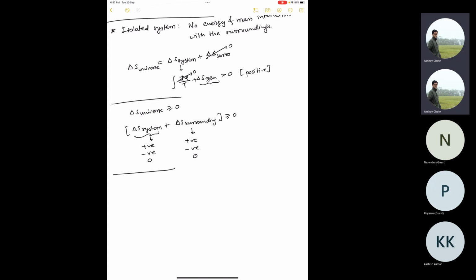Now, maybe some numerical we can do. One second. So actually this is ammonia. I don't know if the properties are available with you or not, but anyway, I'll tell you whatever properties are required for this problem.